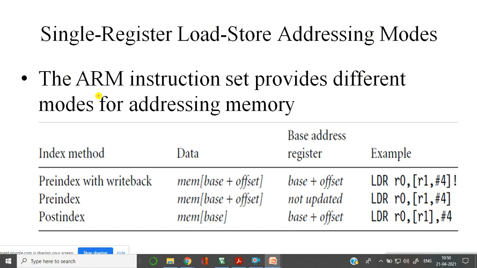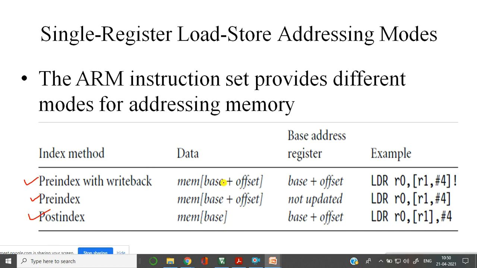Now there are different addressing modes, because I just showed you how the content of a register is moved to memory, and the content of memory is moved to a register. Here itself we have three different indexing methods, which means the way we fetch the content from the memory: pre-indexing with write back, just pre-indexing, and post-indexing.